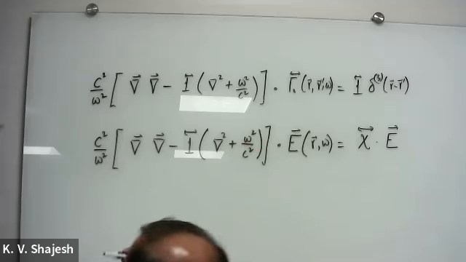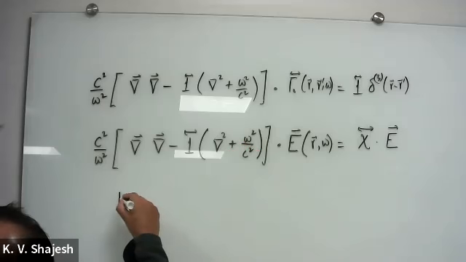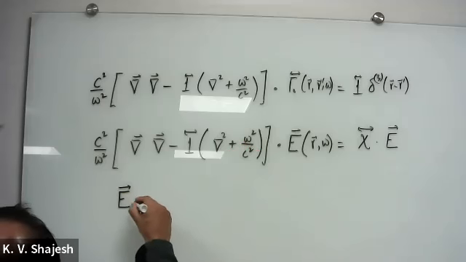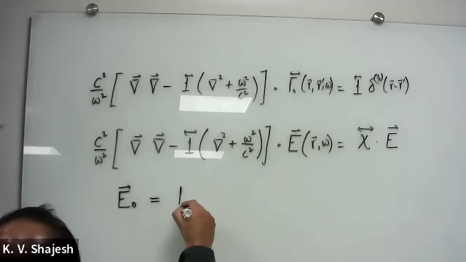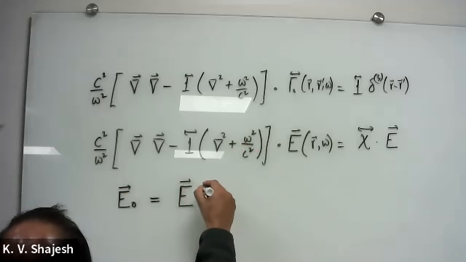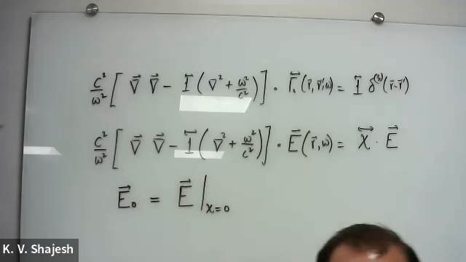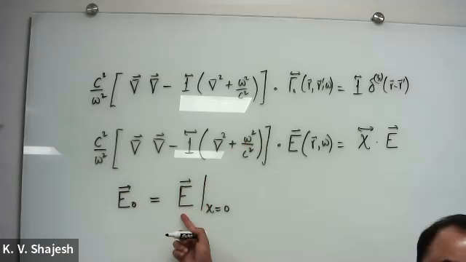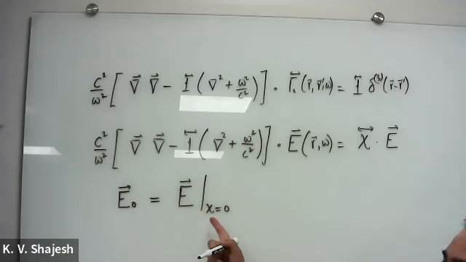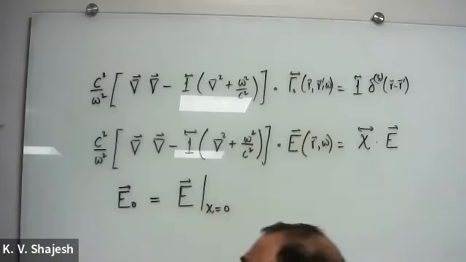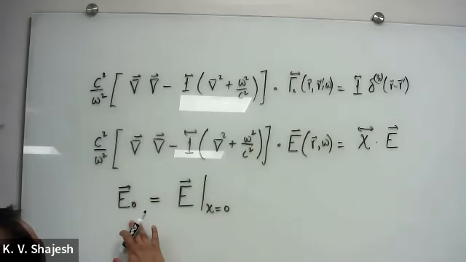So E naught would be equal to the electric field when you set chi equal to 0. The total electric field minus the one with chi equal to 0 is going to be our scattered field. So what is E naught?